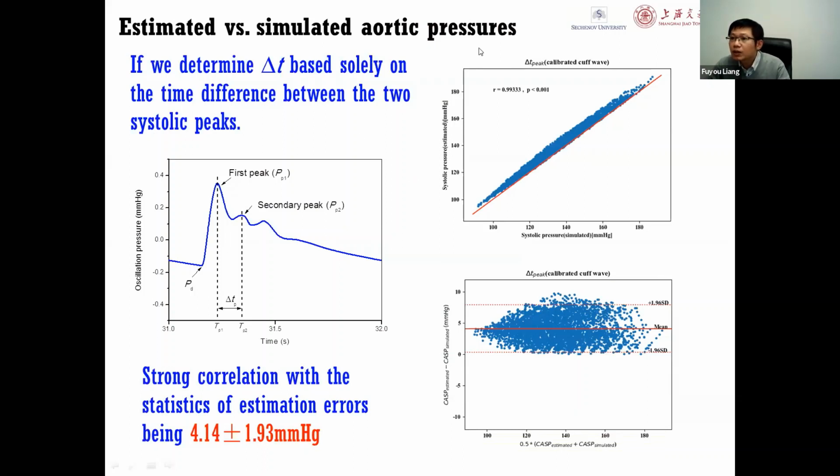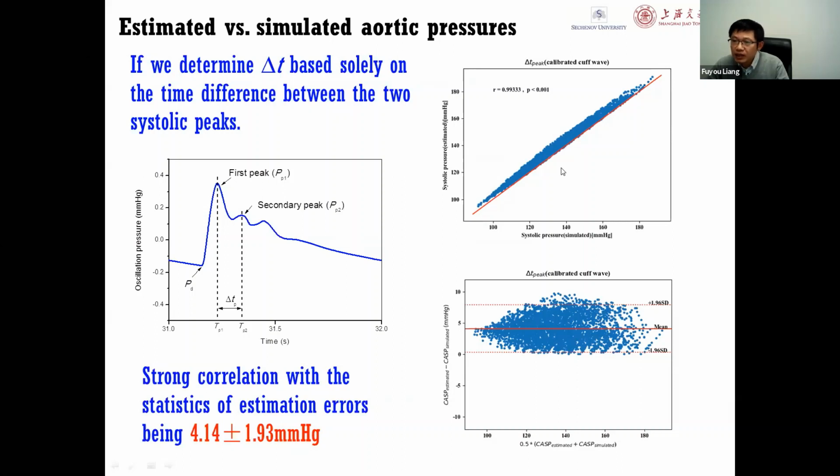So based on the virtual subjects simulated by varying model parameters, we perform numerical simulations to compare the estimated aortic pressure from our approach with the model simulated real pressure in the aorta. Here we show the results for the 4,096 virtual subjects.